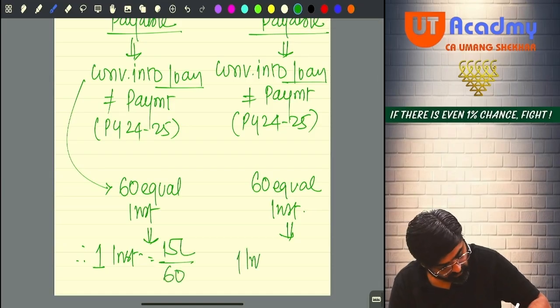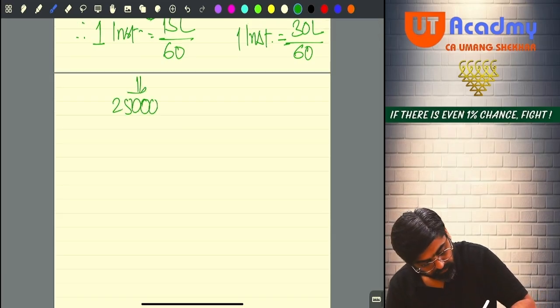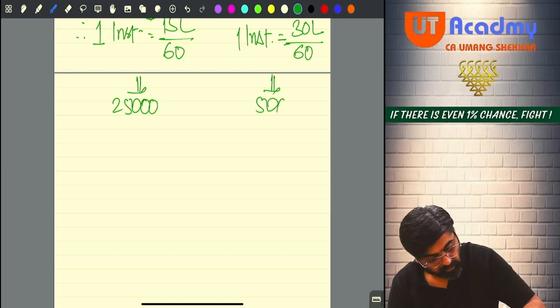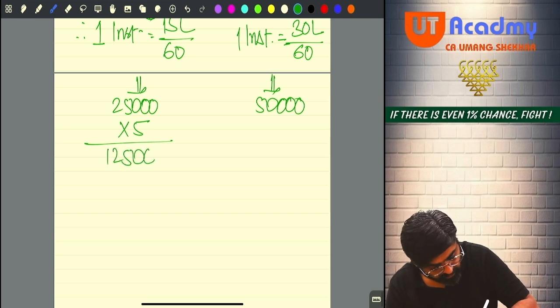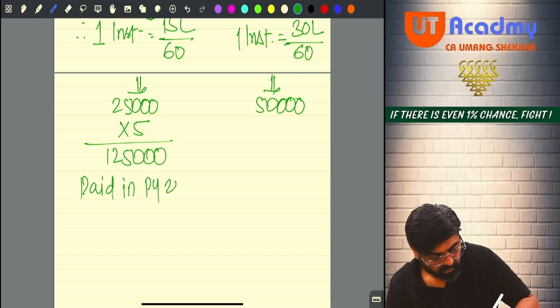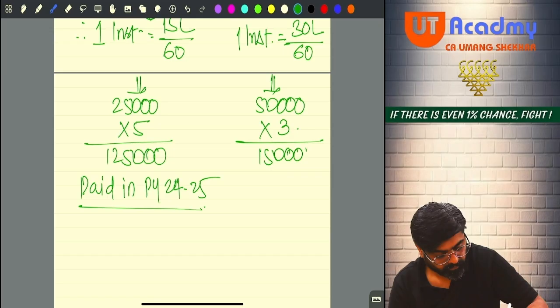And one installment here will be 30 lakhs divided by 60. So, one installment is 25,000 and one installment is 50,000. These 5 installments, meaning 1,25,000, paid in previous year 24-25. This 50,000 three installments, meaning 1,50,000, paid in previous year 24-25.